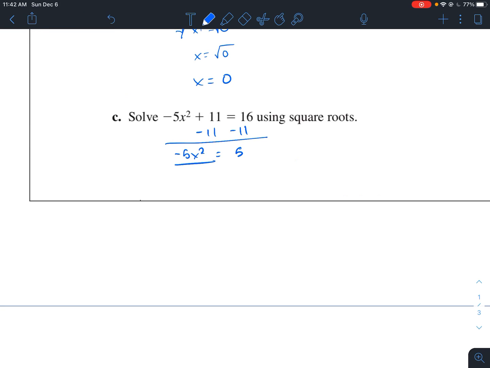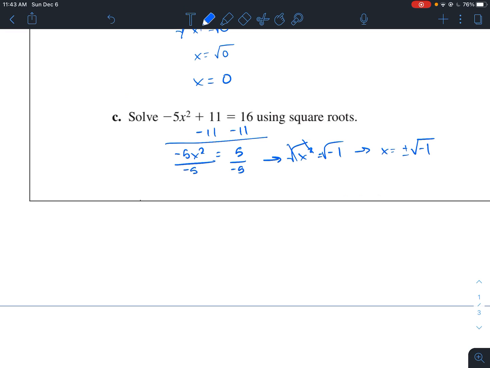Alright, now I'm going to divide by -5. So I get x squared is equal to -1. And I can take the square root of both sides. So the radical and the exponent cancel, so I get x is equal to plus or minus the square root of -1.